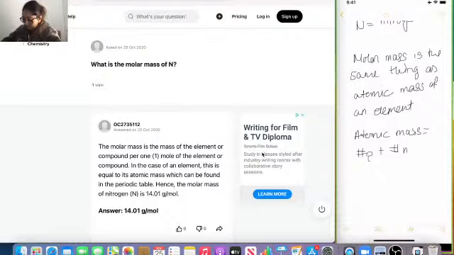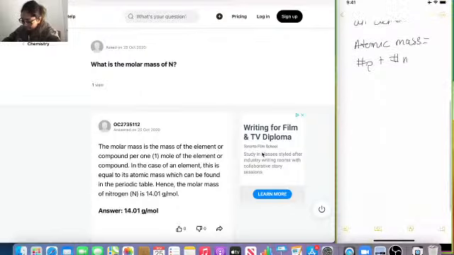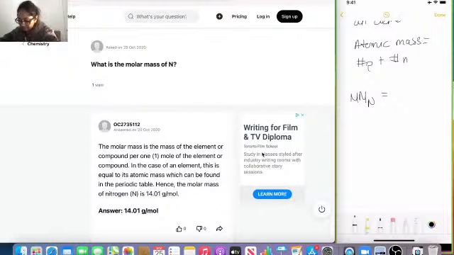And so in this case, to find the molar mass of nitrogen, you basically need a periodic table. The atomic mass is the same thing as the molar mass. If you look in the periodic table, you just add up the two numbers, the protons and the neutrons.